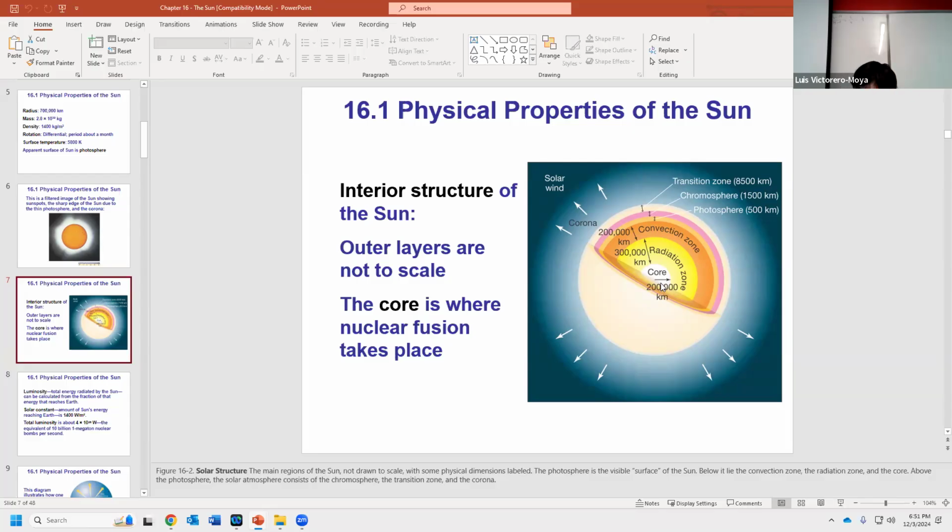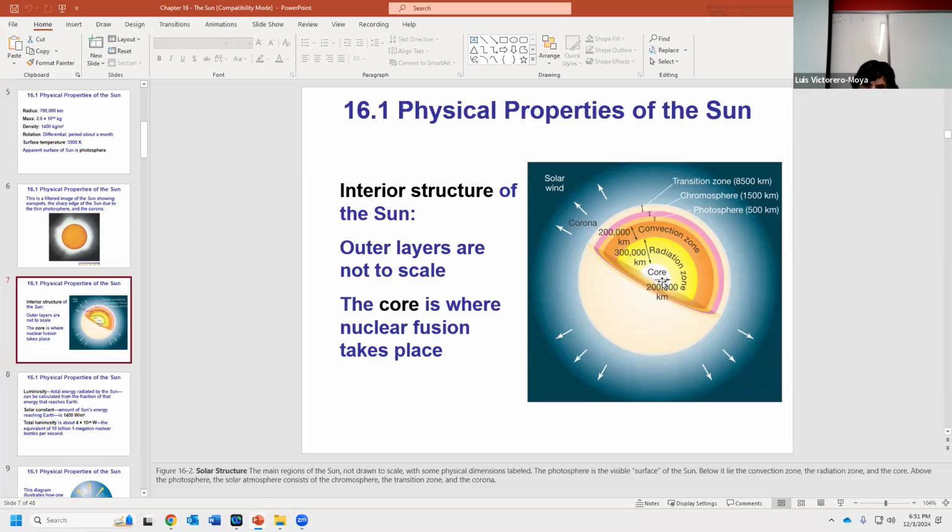But in here, just remember that the sun has a core of 200,000 kilometers of radius, a radiation zone of 300,000 kilometers, and again a 200,000 kilometer radius of convection zone. The main idea is how energy is propagated.